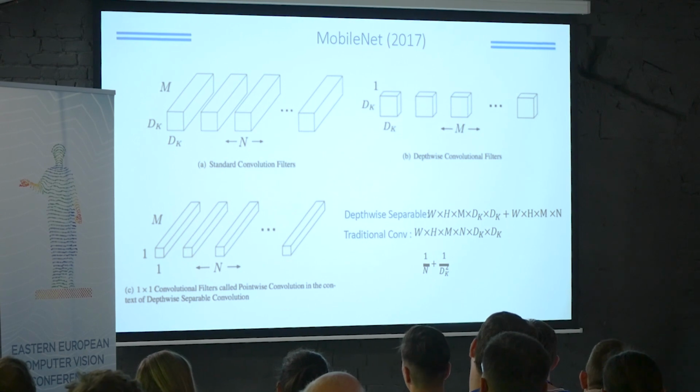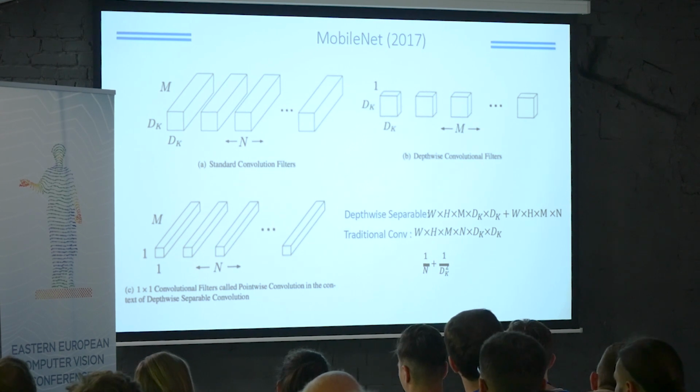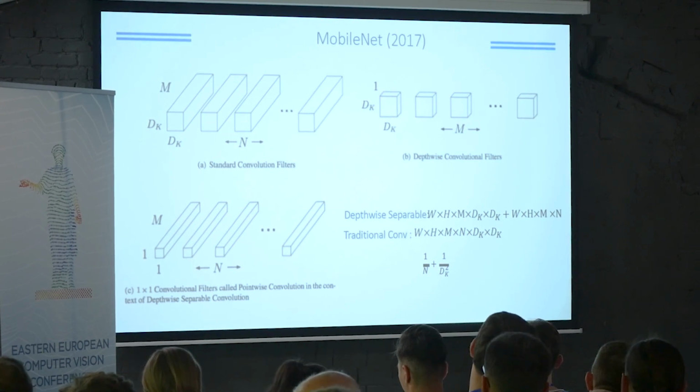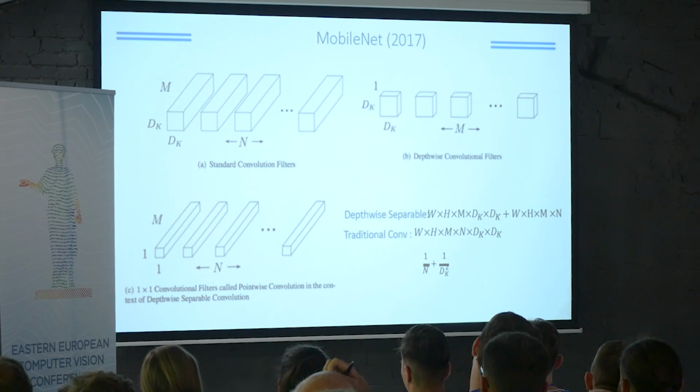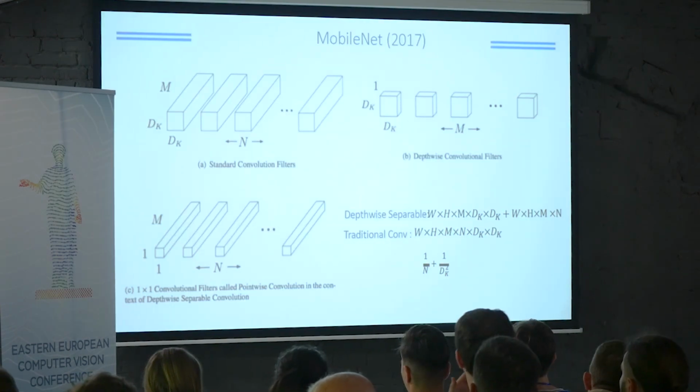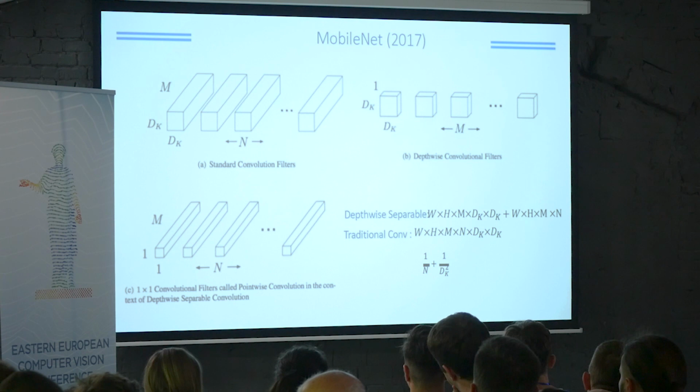The next architecture was extremely popular. It was introduced by Google in 2017. It's based on the Xception network. It applied depth-wise separable convolution. Depth-wise separable convolution consists of 2 steps, 2 layers. First, they are doing depth-wise convolution.